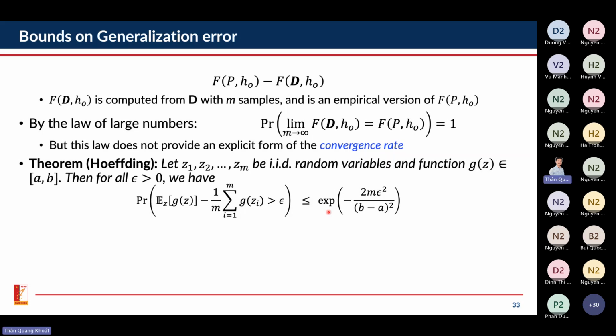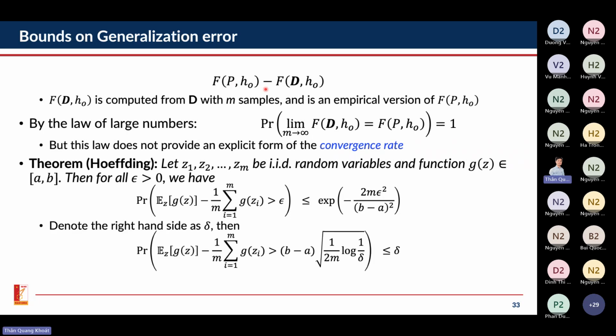So this is very classical in statistics, and it says something about the difference between the average on a finite set and the expectation. It is very close to what we are considering here. Let's discuss more.